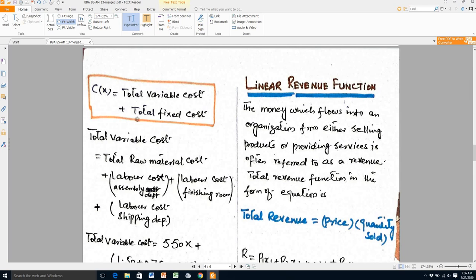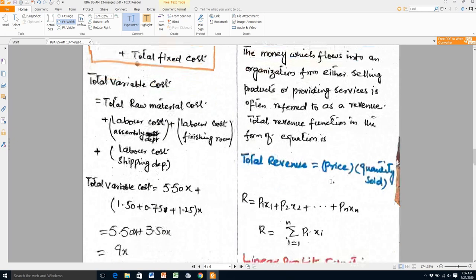The total revenue function in the form of an equation is: total revenue is equal to price multiplied by the quantity sold. So R is equal to P1 X1, the price of the first unit, plus the price of the second units, and so on, up to the price of the nth units.